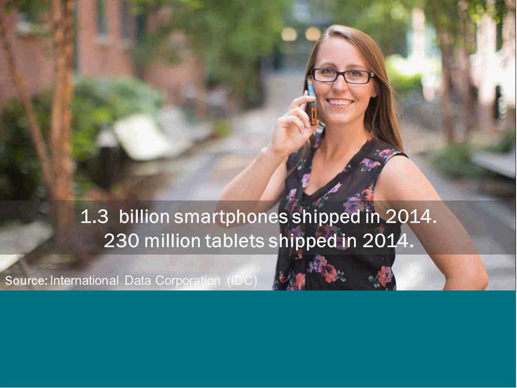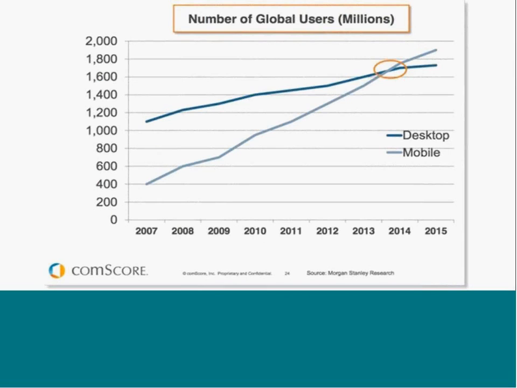So iPads and Samsung and so forth. But even though that's a lot of devices, more telling is that we've reached a tipping point between desktop and mobile users worldwide, and that tipping point was reached last year in 2014.